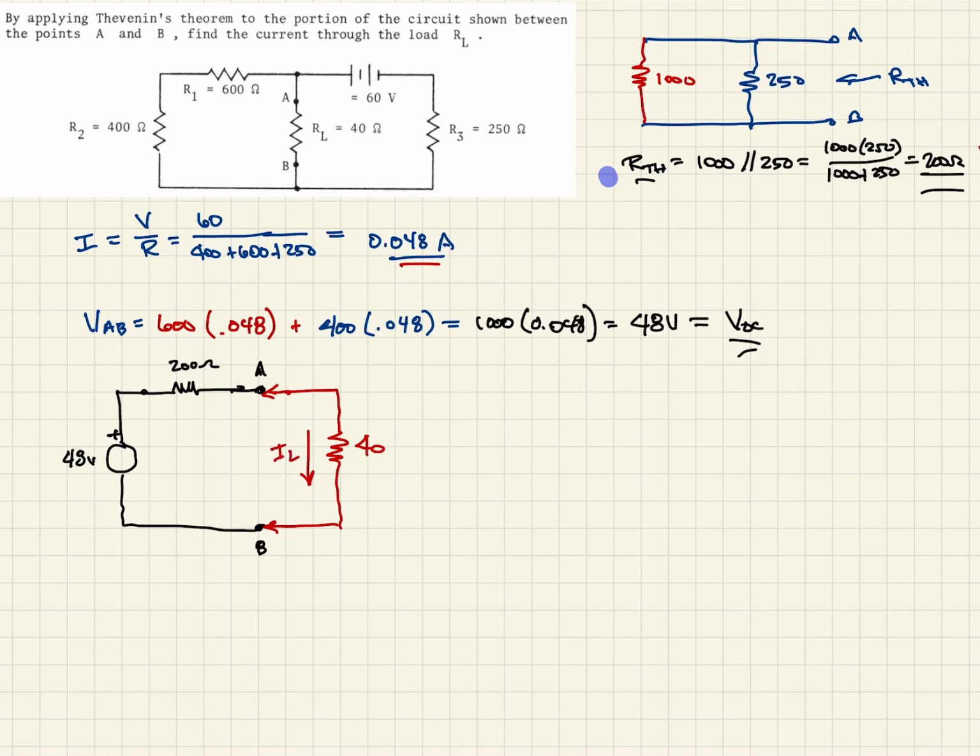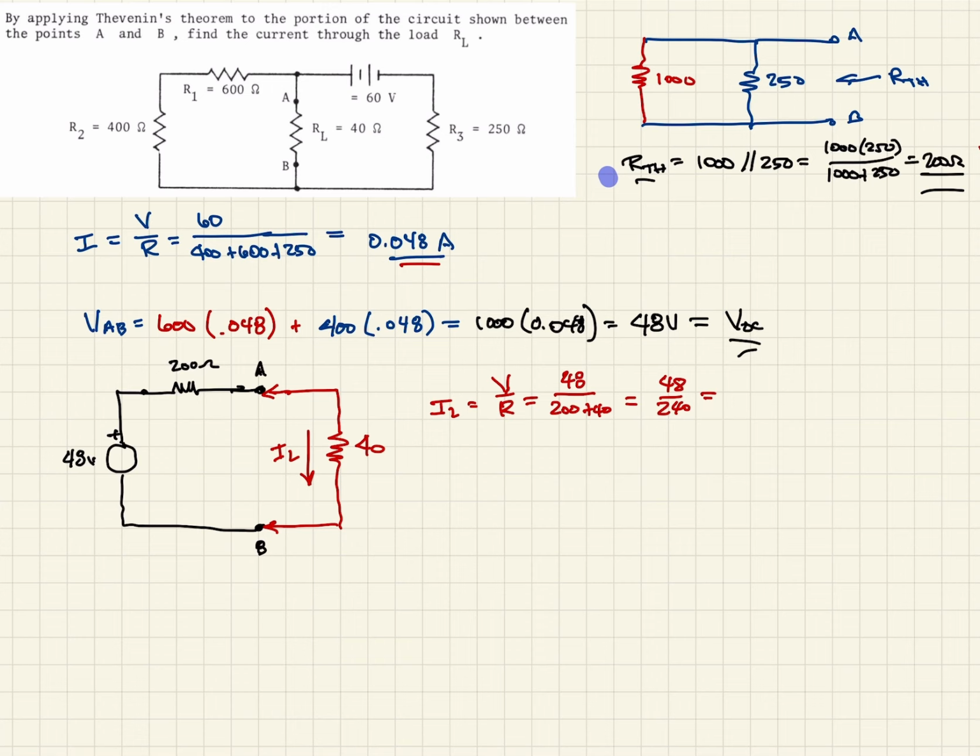So now this is just an Ohm's law problem. So we can calculate IL. So IL then is just voltage over resistance. So in this case, it'll be 48 over 200 plus 40, or 48 over 240.